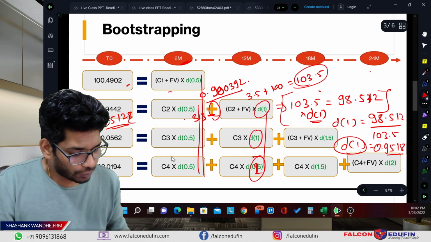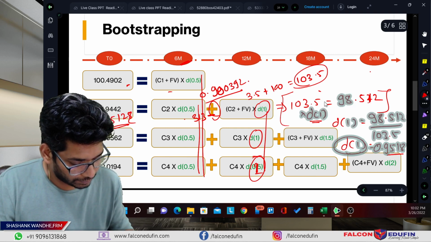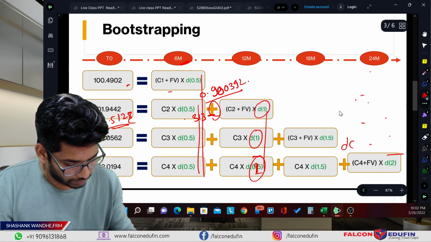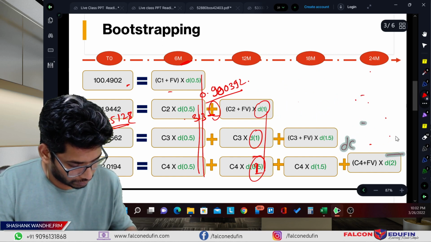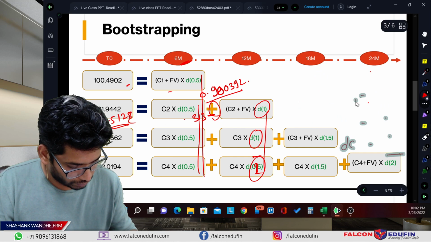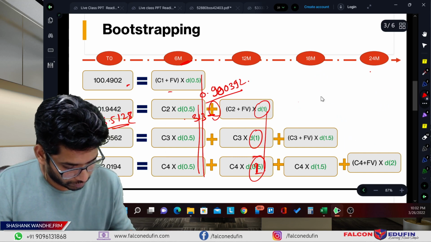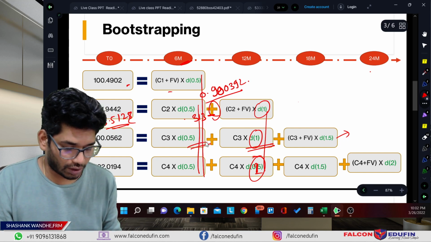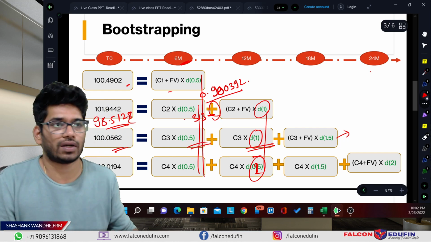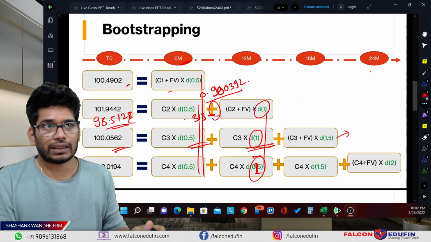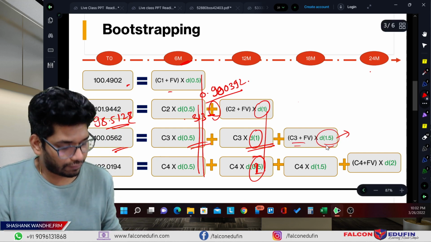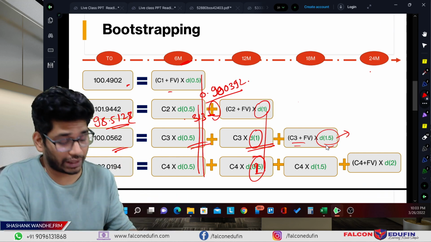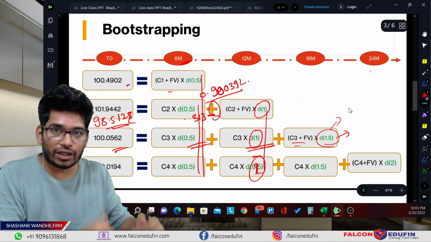Now if you go for this third bond, so you already have this term solved, adjust it with this term, and then automatically you will be left out with this 1x as in the only variable available which you want to calculate, that is D1.5, and then you will calculate D1.5.